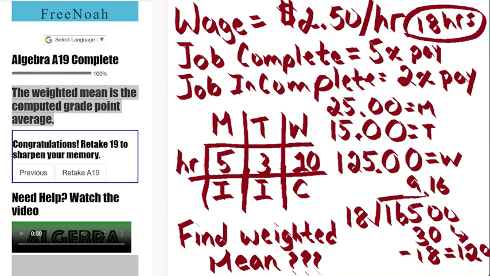So we have $9.16. So that's the weighted mean there. Okay, that's how much he got paid hourly for an entire work week.